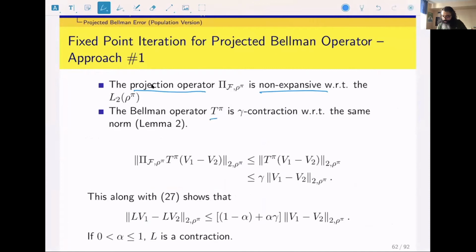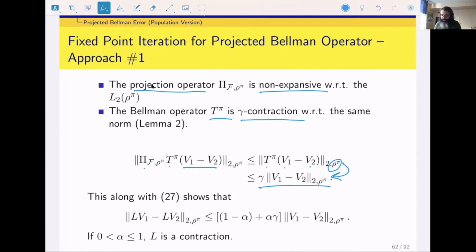And the Bellman operator is a gamma contraction with respect to the same norm. That's a lemma I showed at the beginning of the lecture today. Using these two facts, I get that the norm of the projection of T pi V1 minus T pi V2 is smaller or equal to the norm of T pi V1 minus T pi V2. This is the non-expansiveness of the projection, and then from here to there I use the gamma contraction of the Bellman operator with respect to rho pi to get this equation.